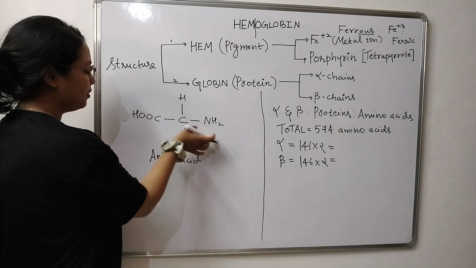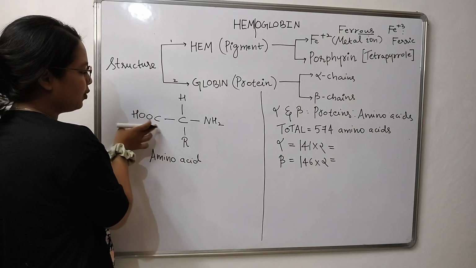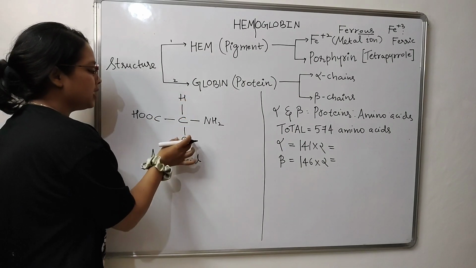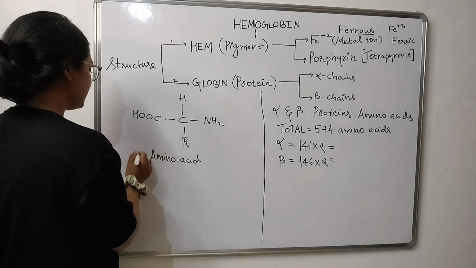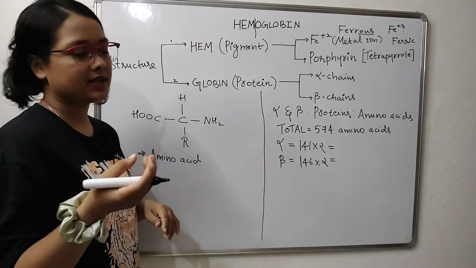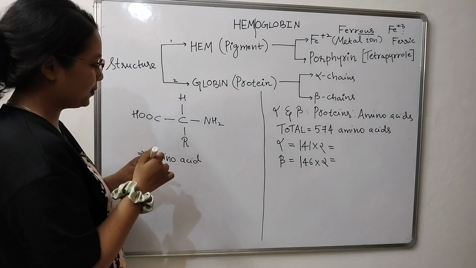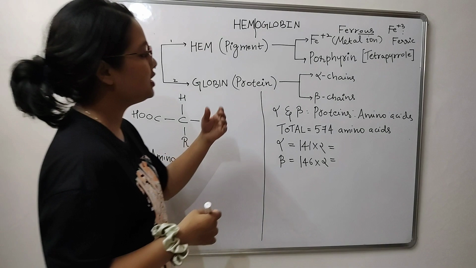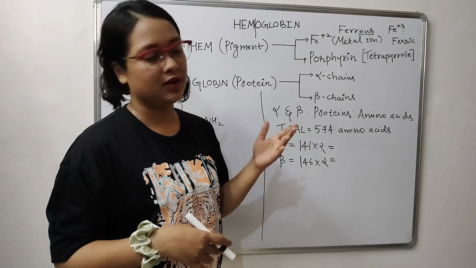You have a carbon, NH2 on one side, that is the amine group, the carboxylic group on the other side, one hydrogen and one alkyl group. Now this group can be a variable, as I said. The name of your amino acid depends on what type of R group you have. So that being said, alpha chains and beta chains are protein molecules, and proteins are made up of amino acids.